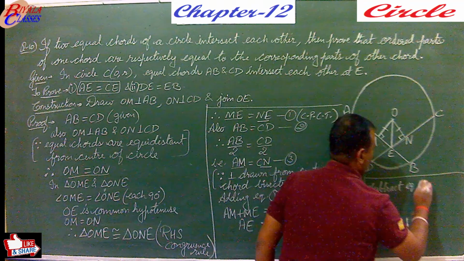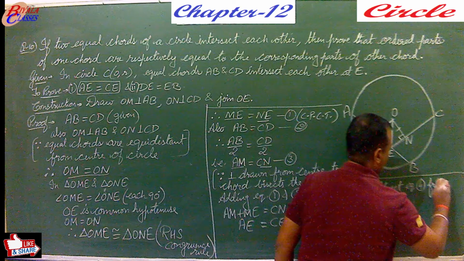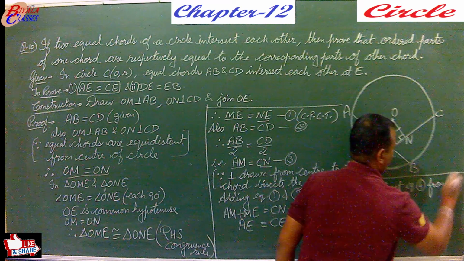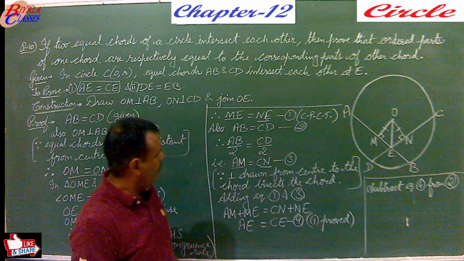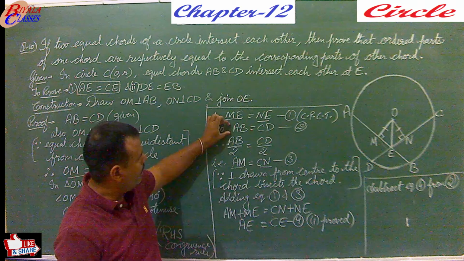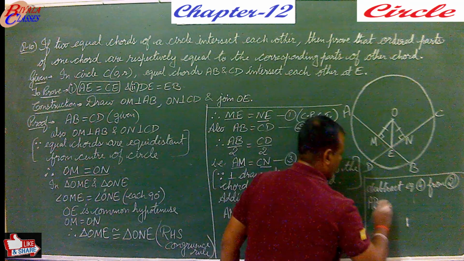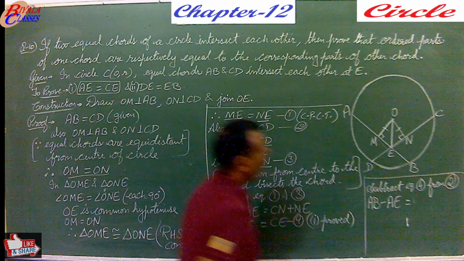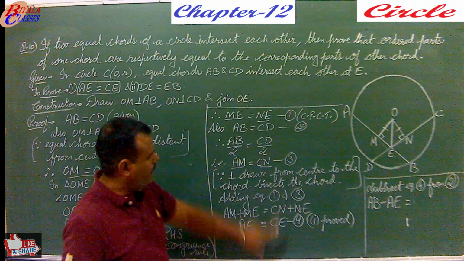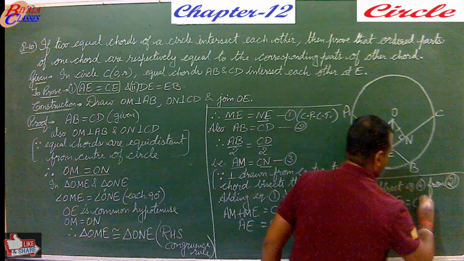Subtract equation 4 from 2. If you subtract it, AB minus AE equals CD minus CE.